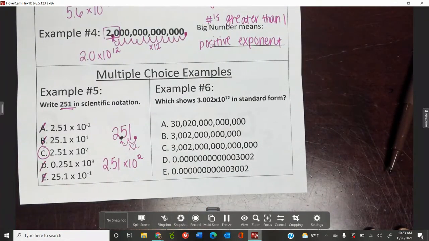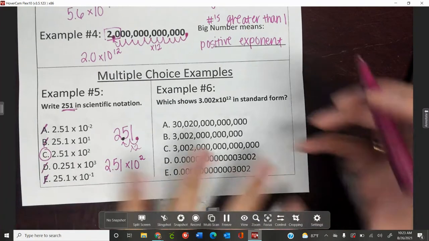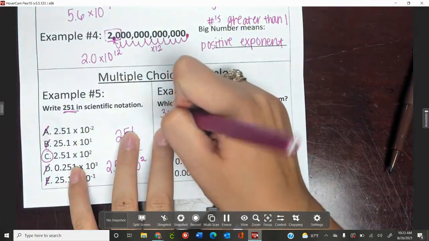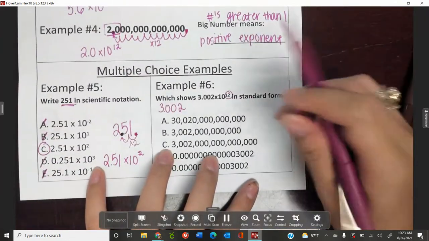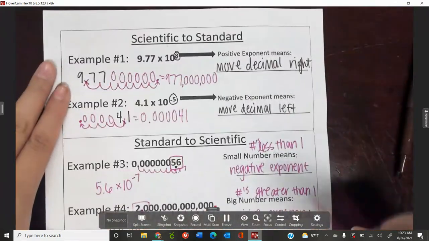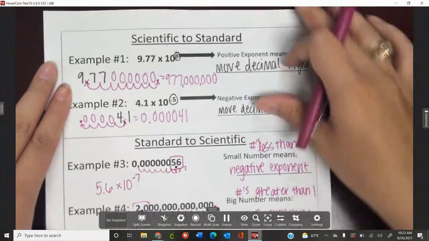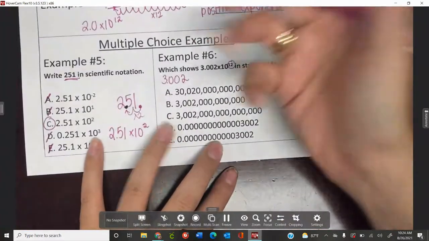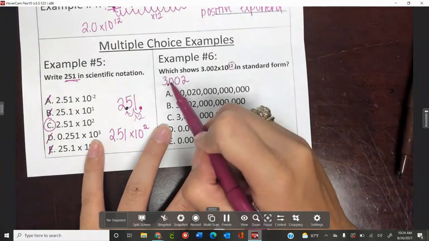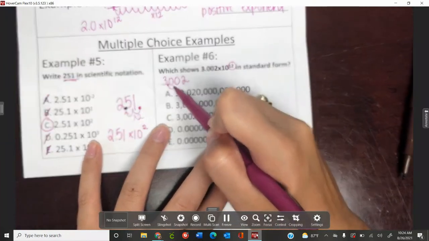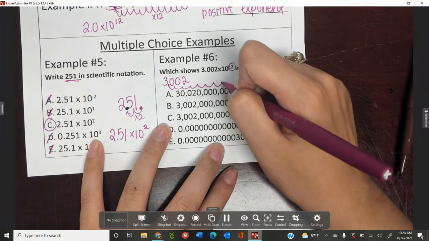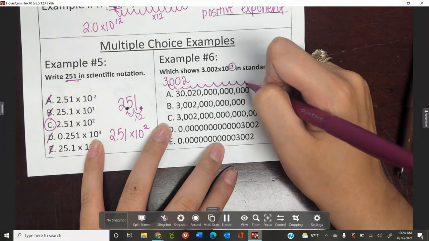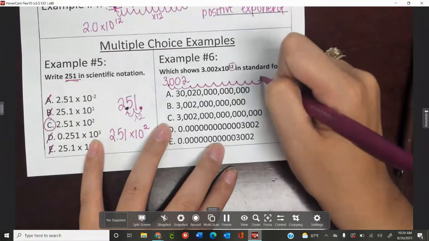Okay, example 6, it says which shows 3.002 times 10 to the 12th in standard form. So I'm going to start off by rewriting my number, 3.002. My exponent is a positive 12. So if I have a positive exponent, we move our decimal right. So from my decimal point, put your pen or pencil there and go 1, 2, 3, 4, 5, 6, 7, 8, 9, 10, 11, 12 to the right.